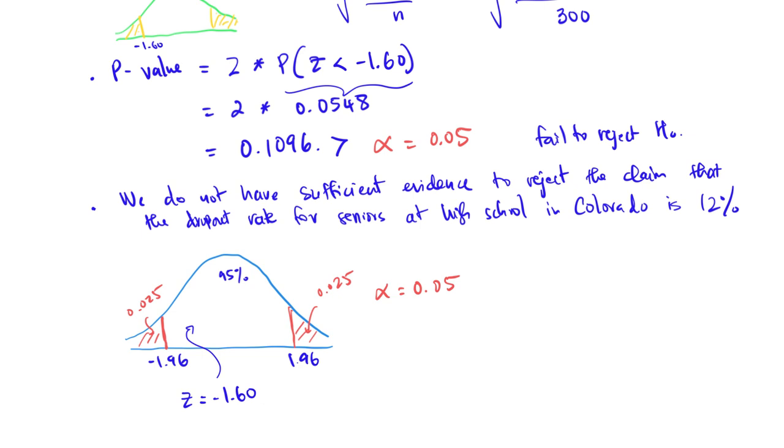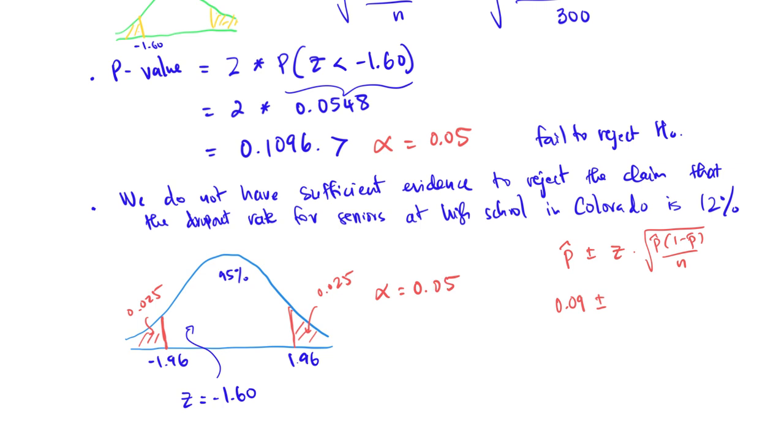If we construct the confidence interval, recall that the confidence interval for the proportion is p hat plus or minus the margin of error, and the margin of error is z times the square root of p hat times 1 minus p hat over n. P hat is 0.09 plus or minus, with the alpha, or the significance level, of 0.05.